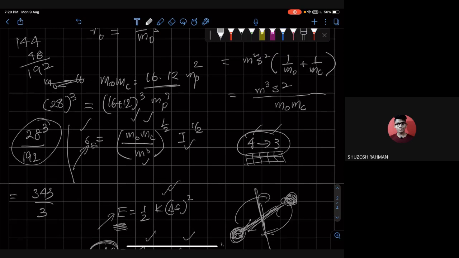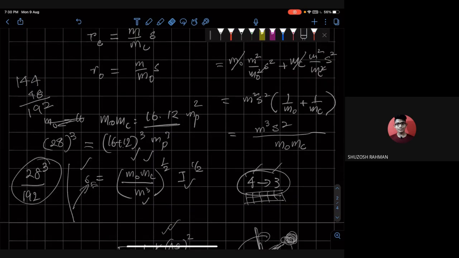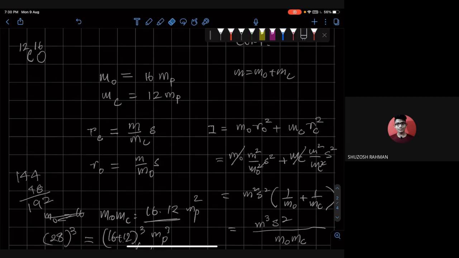Sir, I've been meaning to ask a question about r_C and r_O. Is this M by m_C or m_C by M? Because then r_C becomes greater than S if this is the term we're going for. M is m_O plus m_C, so overall r_C is greater than S. Oxygen is heavier than carbon, right?